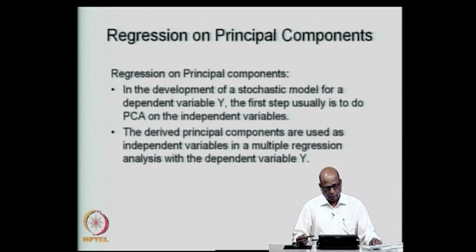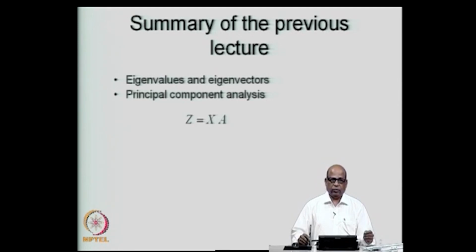Towards the end of the previous lecture, I mentioned that there are advantages of dealing with the principal components when we are regressing with multiple variables, a large number of variables.